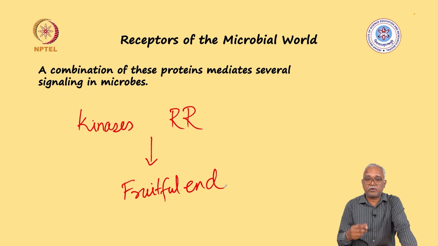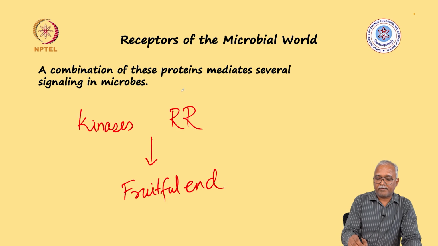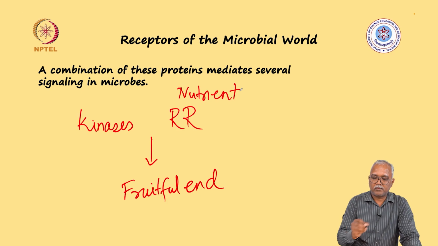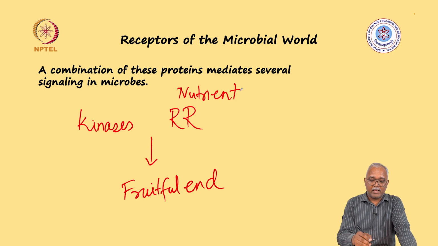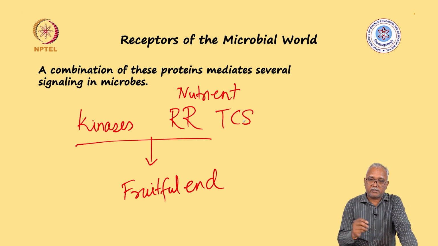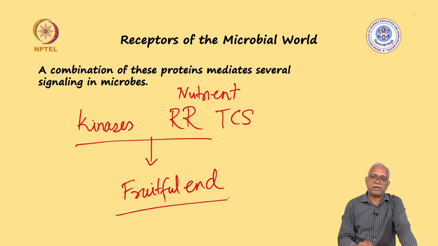One of the simplest things this microbe responds to is the presence of nutrient. It senses the level of nutrient and engages the combination of these two molecules through the two-component system, receptor histidine kinase signaling, to ensure that the cell responds accordingly.